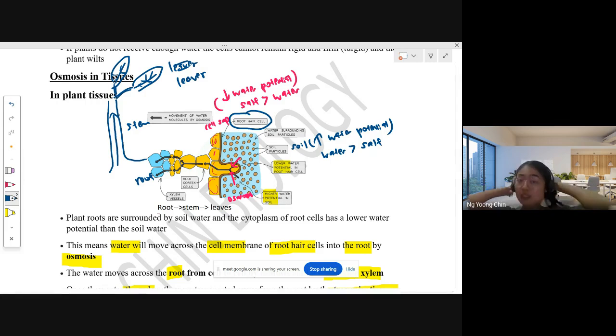Then when the water travels from the stem to the leaf, it will lose water from the leaf by transpiration.